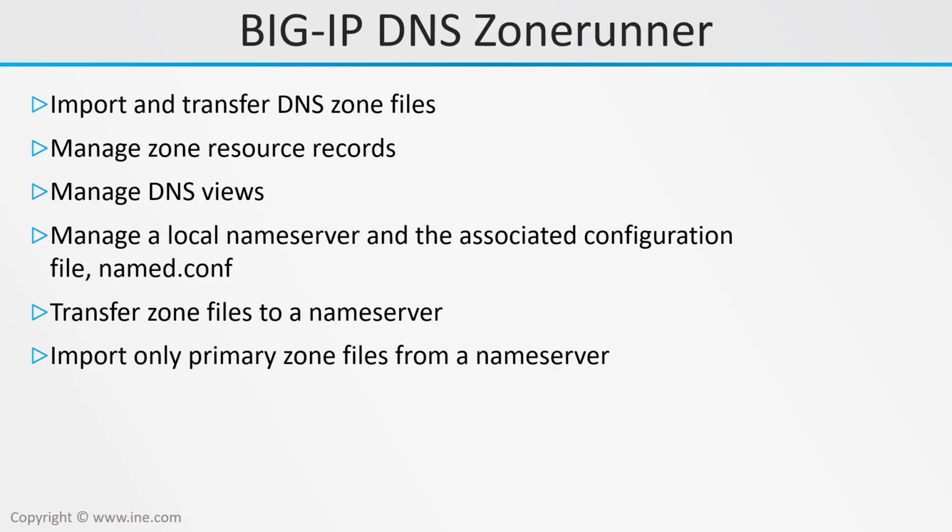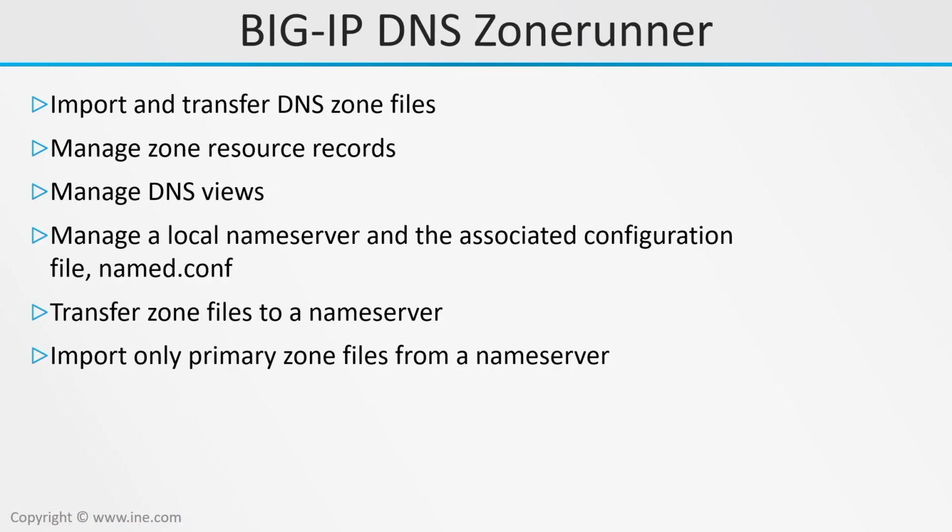So you can actually use the F5 DNS to manage the platform of a BIND server. You can do all the configuration in Zone Runner, and then through a zone transfer you can update other DNS servers.